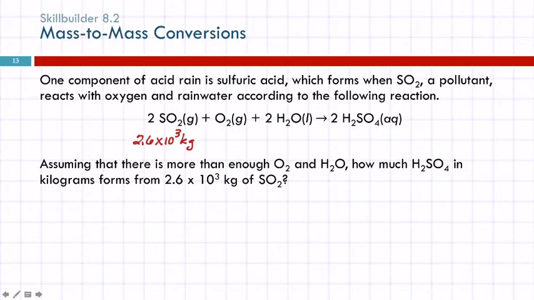And they want to know how much sulfuric acid in kilograms. There are different ways to do this. I'm going to show you one that's maybe a little longer, but less confusing.